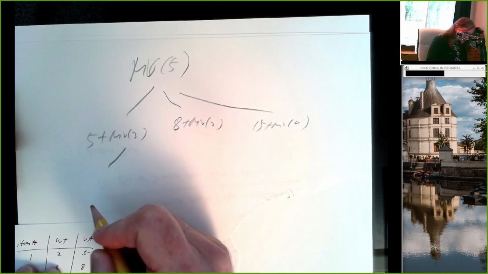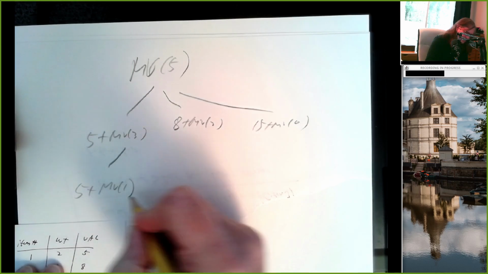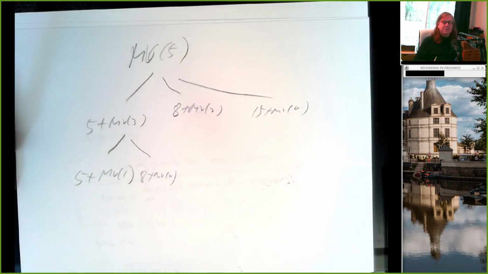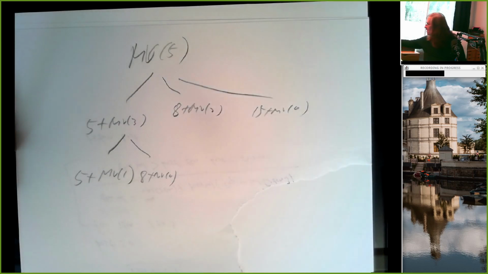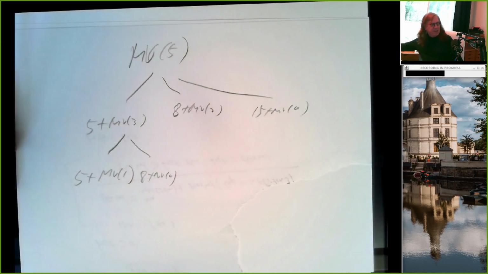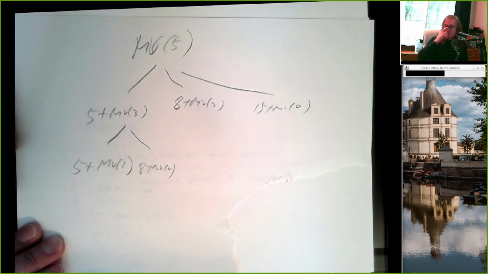And maxval of 3 is 5 plus maxval of 1, and 8 plus maxval of 0. You can draw it out in a tree like this, and it's a lot easier, I think, to do it like that. But using these worksheets lets you actually trace through the way the recursion winds up and then unwinds. But for checking your answers, this works pretty well too. But then, like I say, also the sample code is a good go-to.